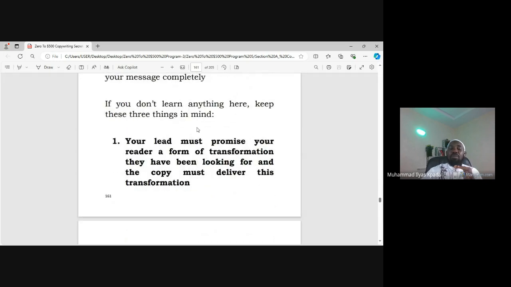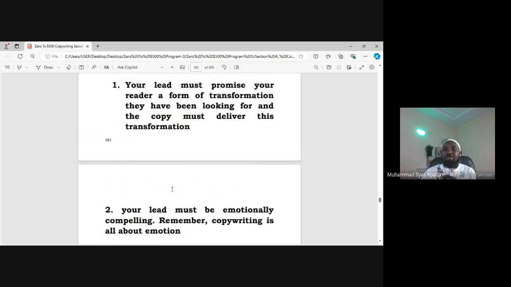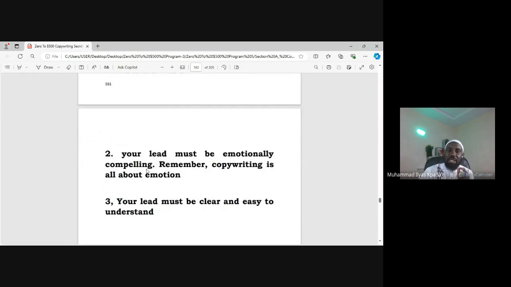Okay? So, if you don't learn anything here, keep these three things in mind. If you don't learn anything about lead, you have to know this. Your lead must promise your reader a form of transformation they have been looking for, and the copy must deliver this transformation. That's one thing. Your lead must be emotionally compelling. Remember, copywriting is all about emotion.